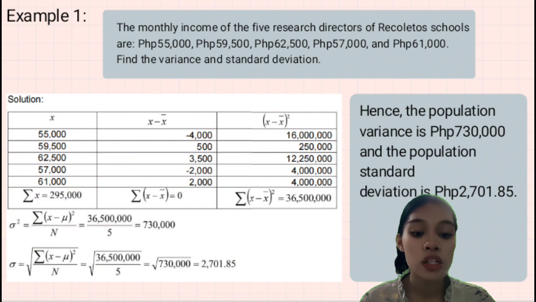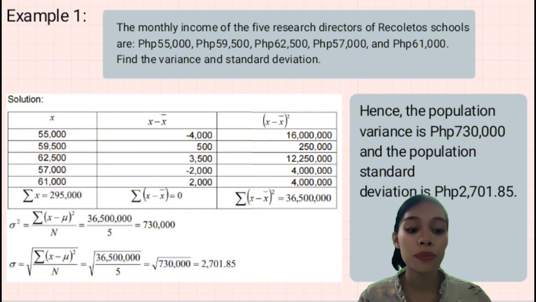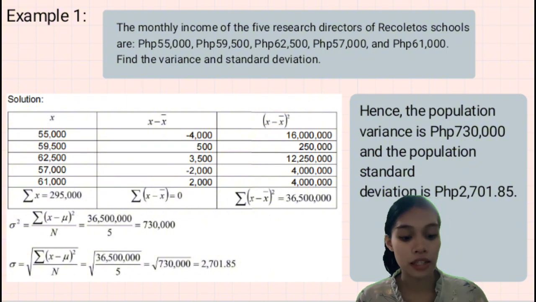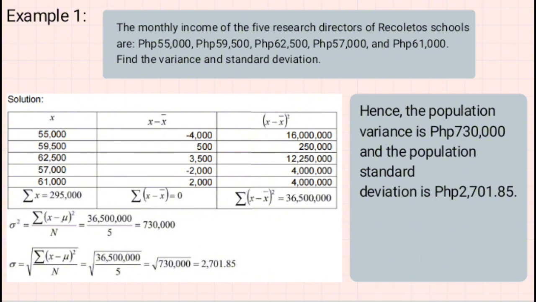So what is the square root of 730,000? We have 854.4. That would be the end of our lesson for today.